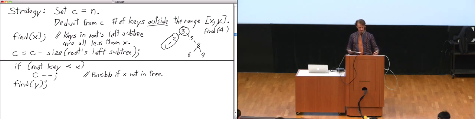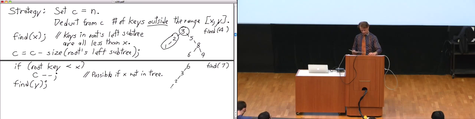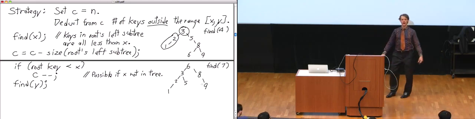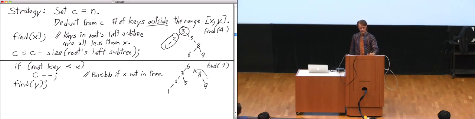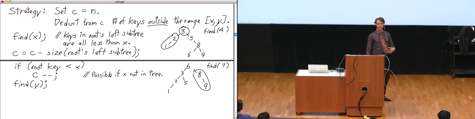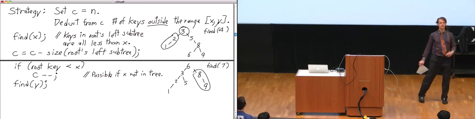For instance, in this splay tree, the same splay tree as before, if I do a find 7 now, then I get this tree here. And so once again, I'm going to subtract out the number of keys in the right subtree, because all of those keys are bigger than 7.